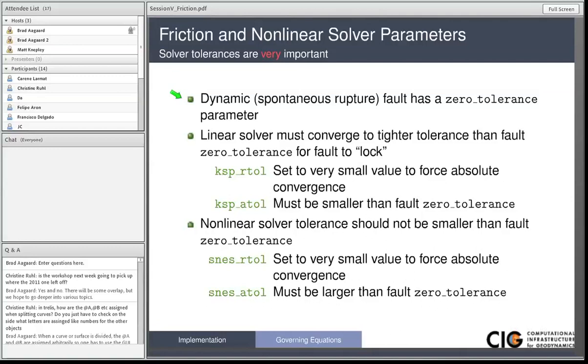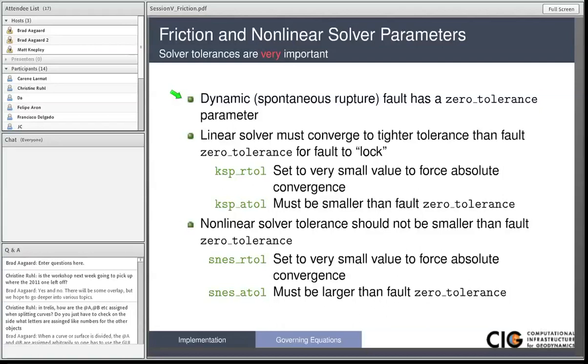We need to decide at what value of slip we're going to consider the fault to be locked. And so this zero tolerance means that whenever we have slip less than this zero tolerance, we're going to assume that the fault is locked and basically force it to be locked.